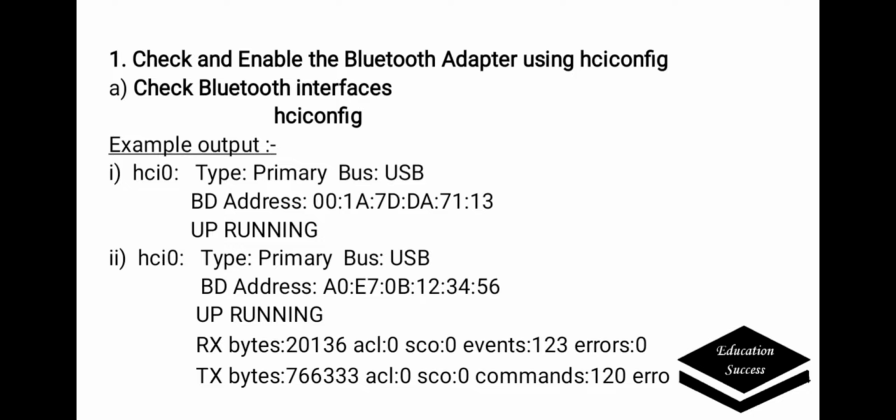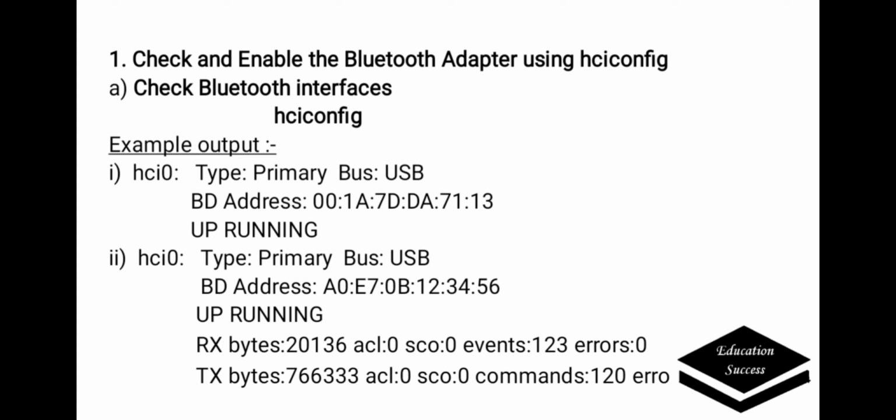That MAC address is given for the Bluetooth, and UP RUNNING means the Bluetooth service is up and running. The second example output shows type primary, bus USB, and the BD address, the Bluetooth address. The service is up and running, and it also shows some data about how much has been captured.